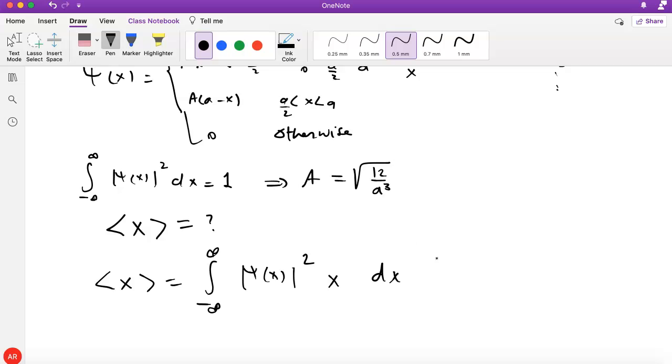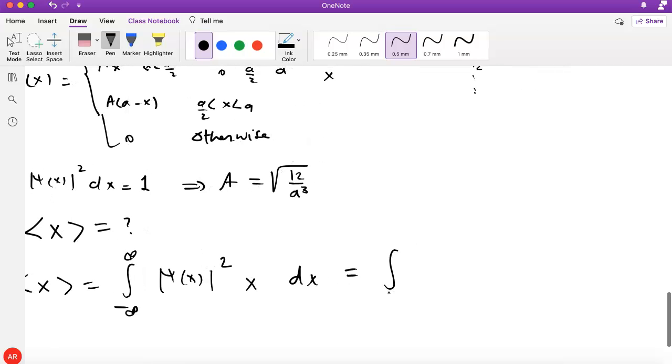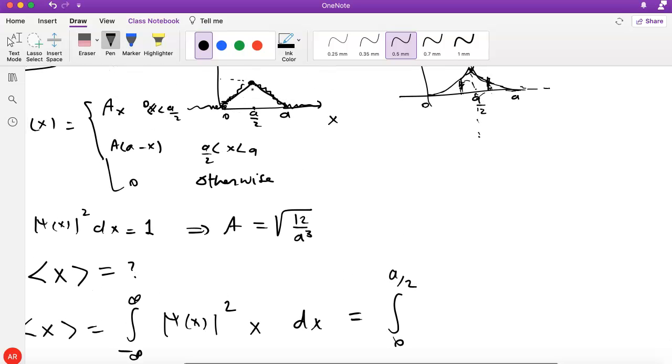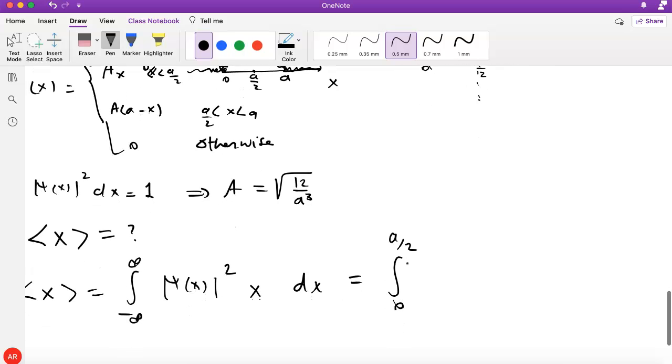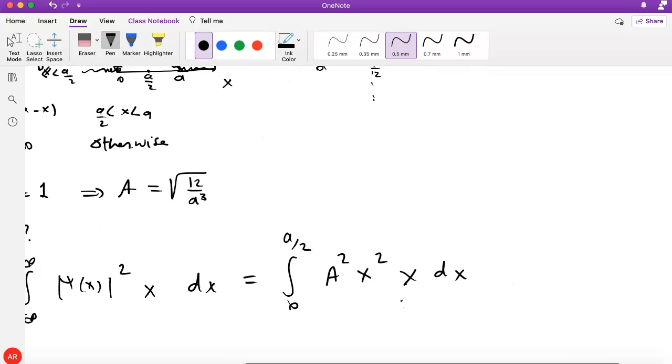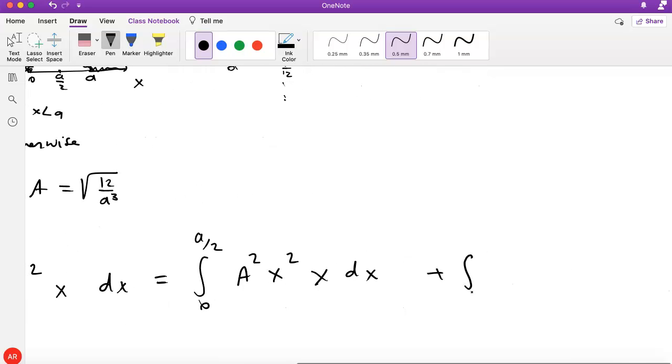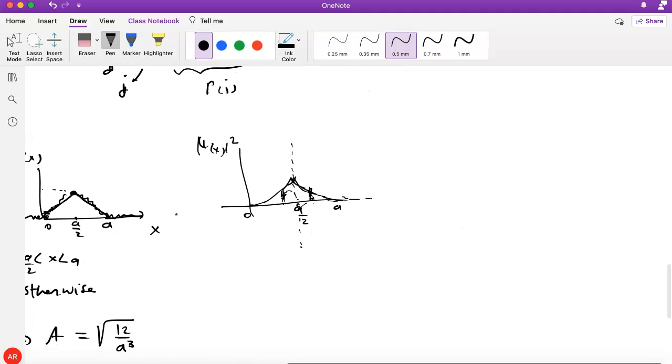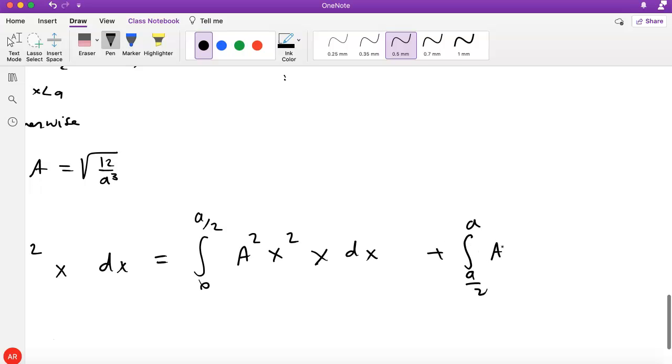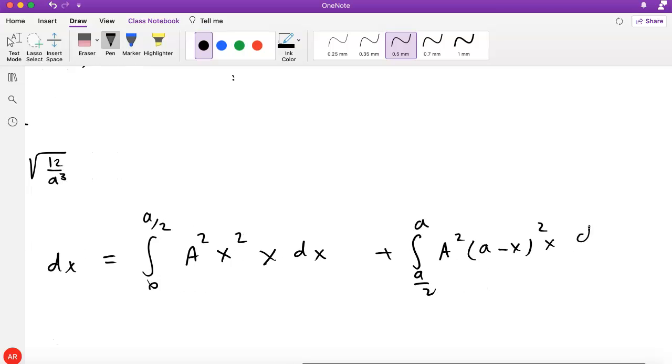This is going to be the integral from 0 to a over 2 of the wave function in this region squared, so that's A squared x squared times x dx, plus the integral from a over 2 to a of this one times x dx.